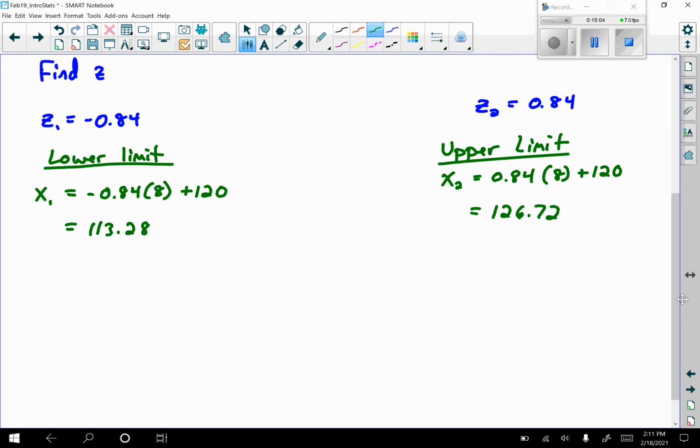So we would say the middle 60% will have blood pressure readings between, or the people that can participate in the study would have to have blood pressure readings between these two values.